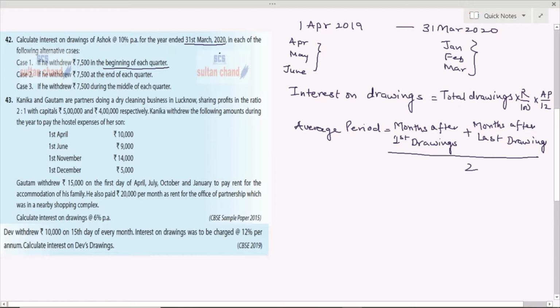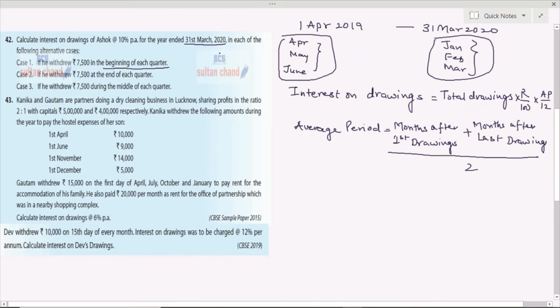It's very clear here that he is withdrawing each quarter. There are four quarters in a year, so the first drawing will be in the first quarter and the last drawing will be in the last quarter. Therefore I have taken only the months of the first and last drawings, because I'm not bothered about the in-between ones for this particular question.